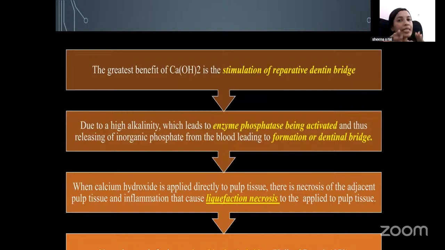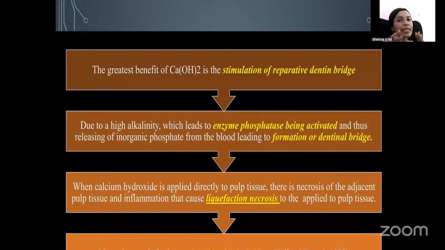Because of the high alkalinity, we know that it is Ca(OH)2. It disintegrates to produce calcium. This leads to an enzyme helping in the formation of the dentinal bridge. So please keep that in mind. When calcium hydroxide is applied to the pulp tissue, there is necrosis of the adjacent tissues.